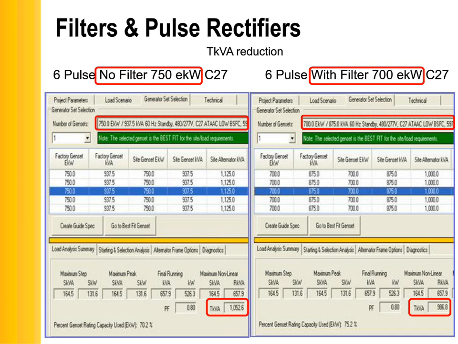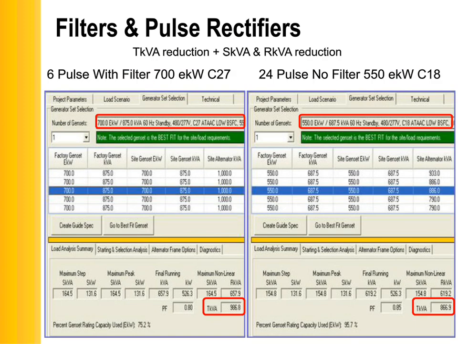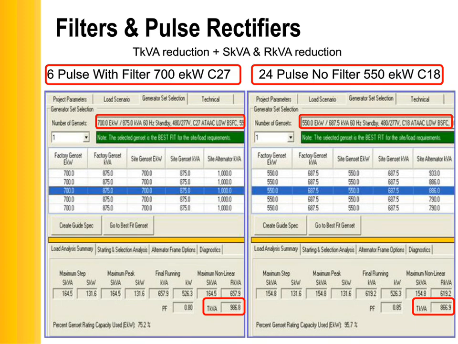Here we've just got an example of a UPS load. I sized it originally as a 6 pulse with no filter. We sized the C27 at 750 kW, and then when we added a filter, we were able to reduce the rating from 750 down to 700 kW. But what happens if we increase the pulse rectifier from 6 pulse, which is the default for these loads, to a 24 pulse?